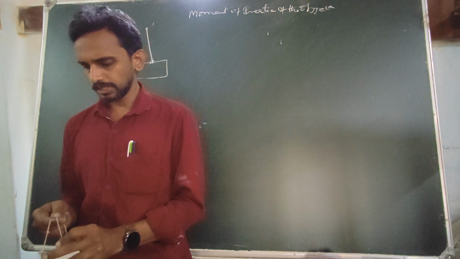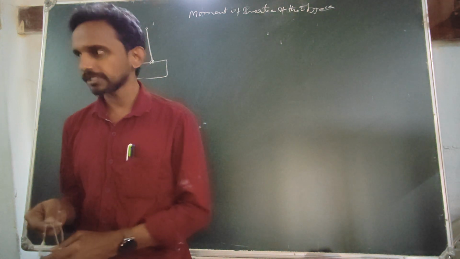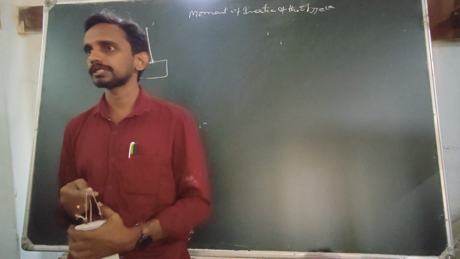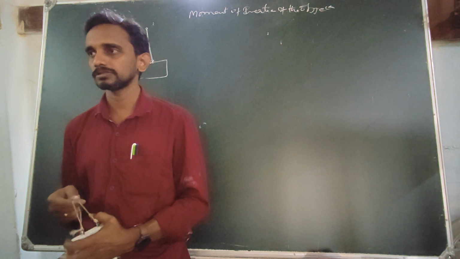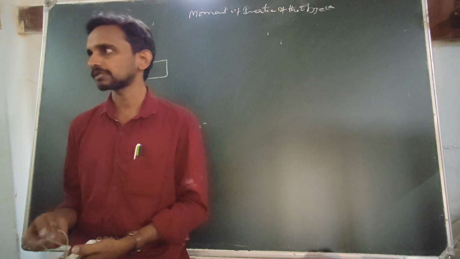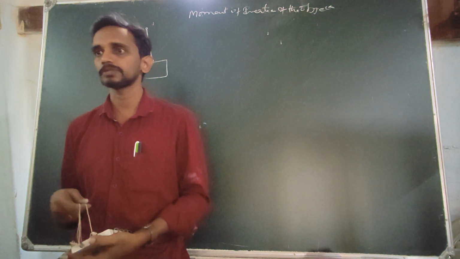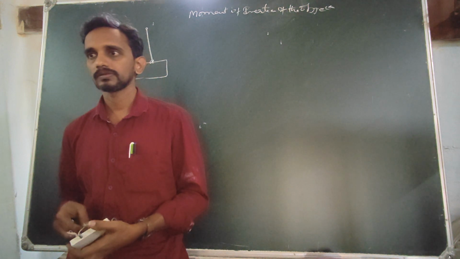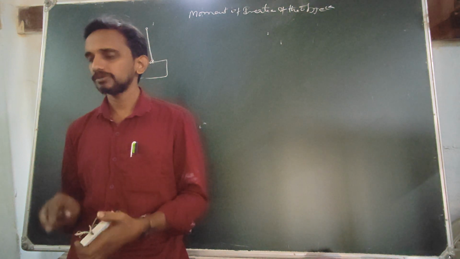Okay, and what is the control parameter for inertia? Who controls inertia? Let's say some object has more inertia and some object has less inertia, how do we say that? We'll take two examples.